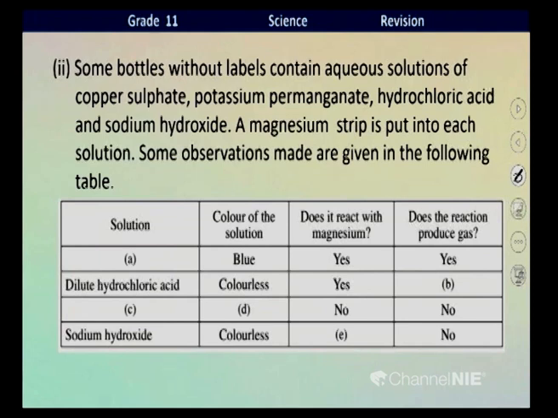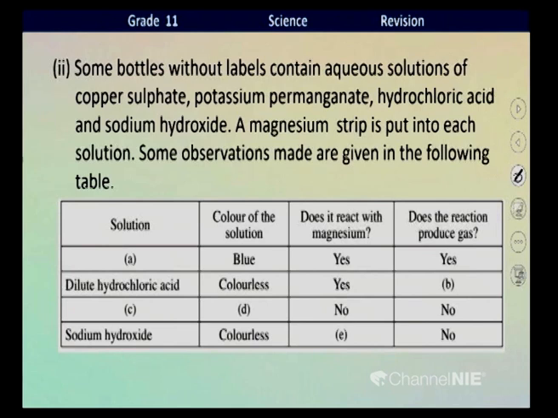Some observations made are given in the following table. Look here, children. There are 5 blank spaces as well. You have to fill these 5 blank spaces A, B, C, D, E at the end, right? Before filling, we'll study the table first.